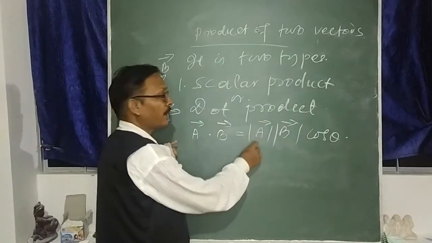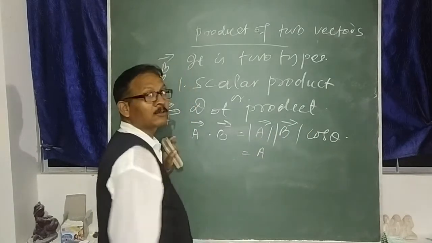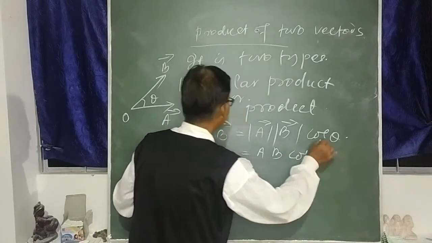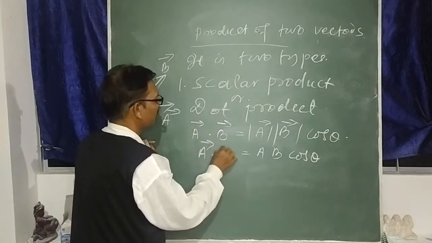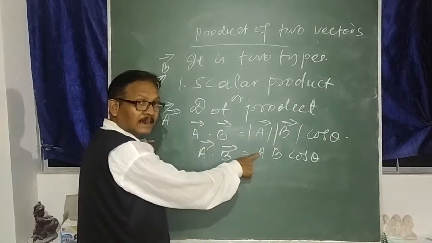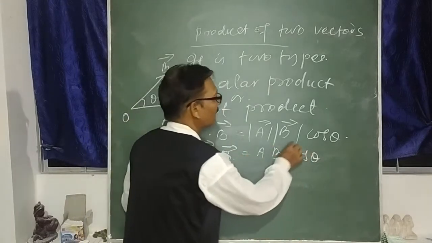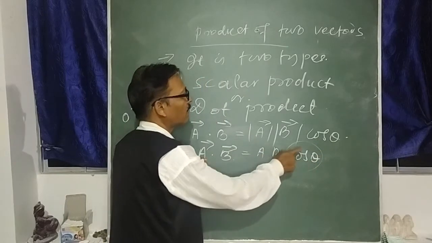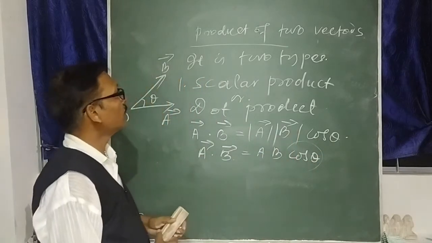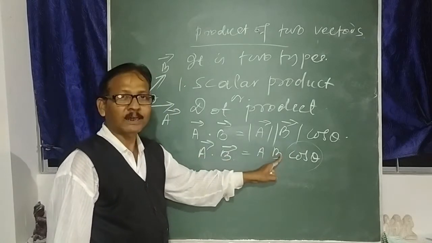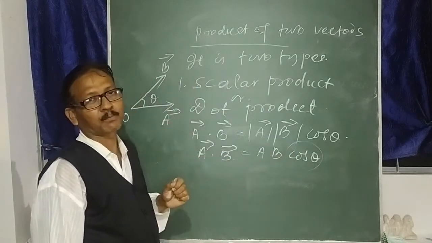This is equal to magnitude of A, that is A, magnitude of B, that is B, cos theta. You see, A is a scalar, B is a scalar, theta is an angle value, so cos theta is also a number. Number multiplied, then you will get a scalar quantity. So A dot B is a scalar quantity. Then it is called scalar product.